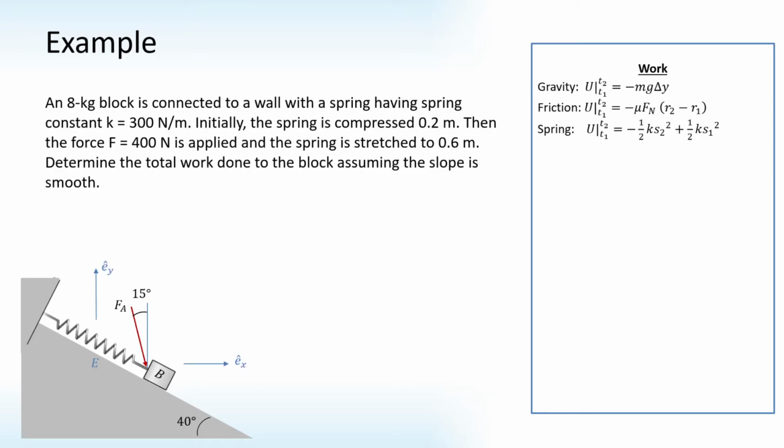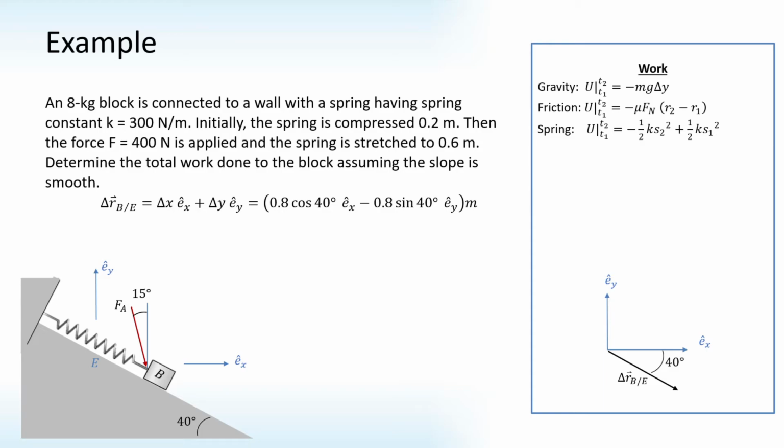We know we'll need our expressions for the work done by a force. We also know that we'll need to work with the spring's compressed and stretched displacements. So I will add an inertial reference frame fixed at the unstretched length of the spring. We will also need to know the spring's displacement in the EX and EY directions. We know it starts with a 0.2 meter compression and ends with a 0.6 meter stretch for a total displacement of 0.8 meters. We can write an expression for this displacement, but it will help to draw a diagram.